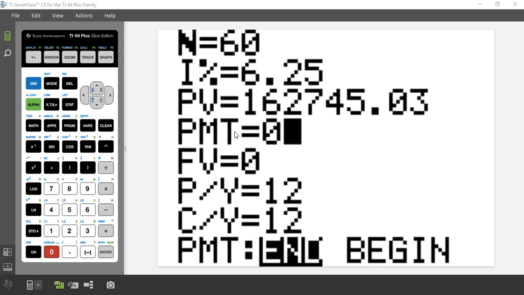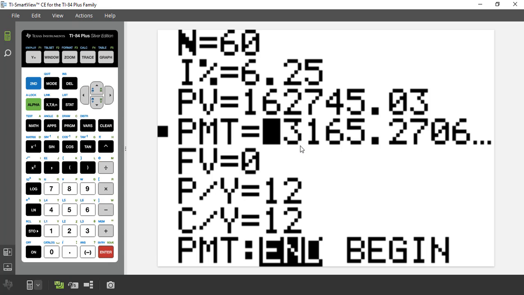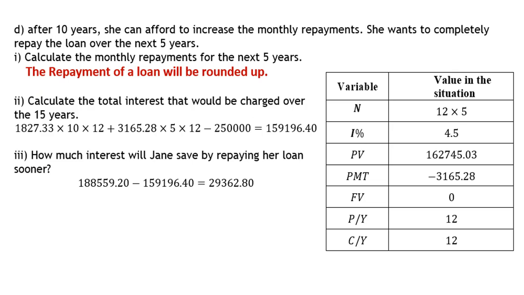We are looking for PMT. So we do alpha, enter. Remember, you always round up because this is a repayment of a loan. So PMT will be $3,165.28.